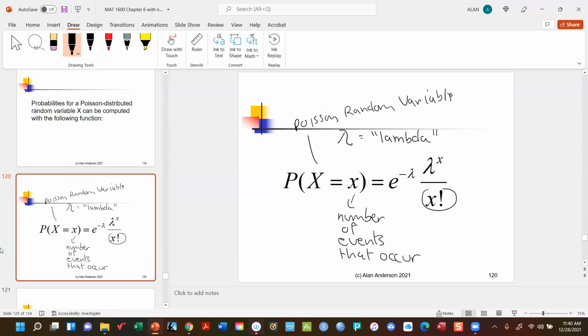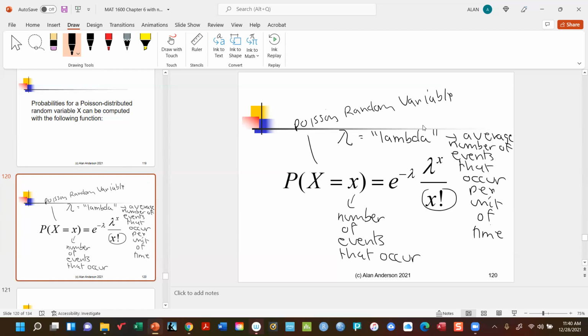And in this situation, lambda represents the average number of events that occur per unit of time.